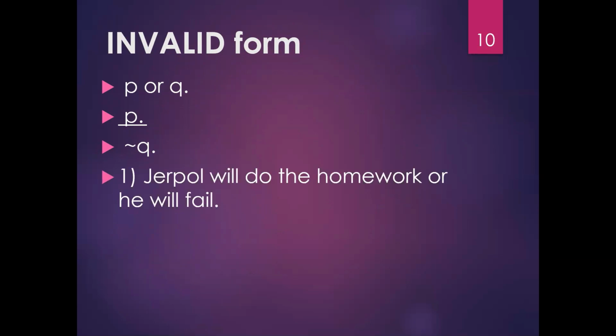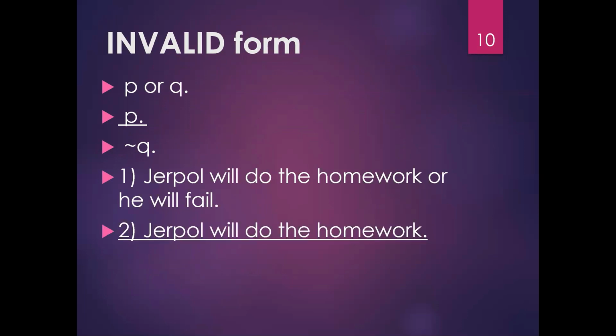So an example of this might be when Jerpel will do the homework or he will fail. Jerpel will do the homework, and from that we conclude Jerpel will not fail. Of course, the problem here is both the first and second premise could be true, but Jerpel neglects to take any of the quizzes or exams, and thus Jerpel does fail, showing that we could have true premises and a false conclusion, which means we have an invalid argument form.